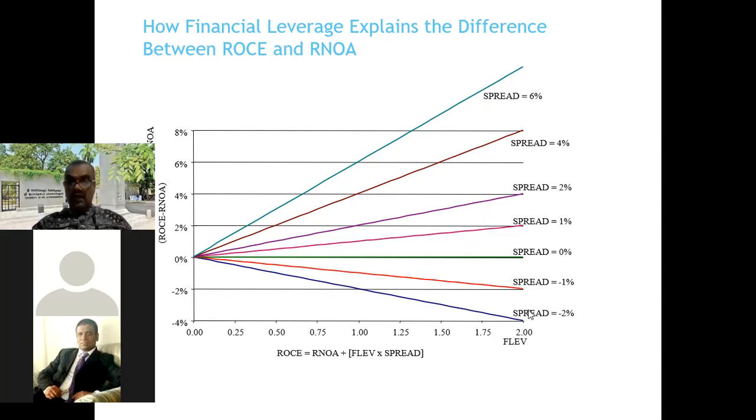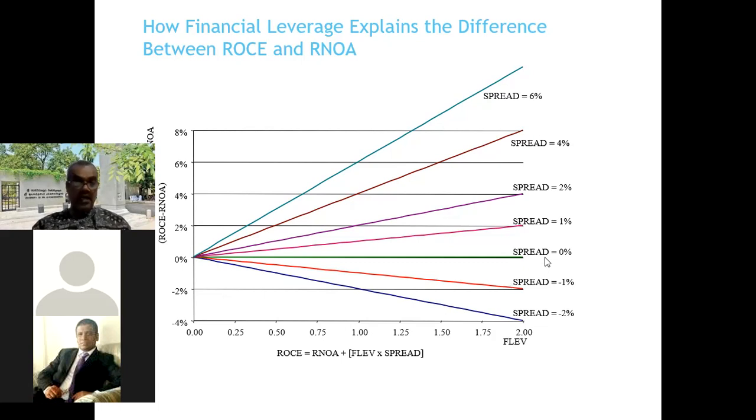Now further, there are some complexities in this particular graph compared to a traditional graph. The dark blue line is the line when the spread is -2. The second one is when the spread is -1.